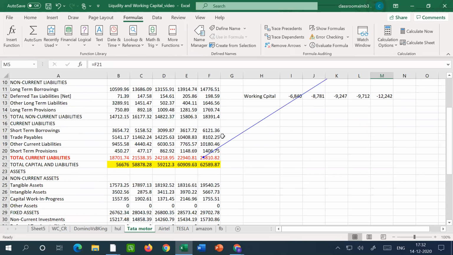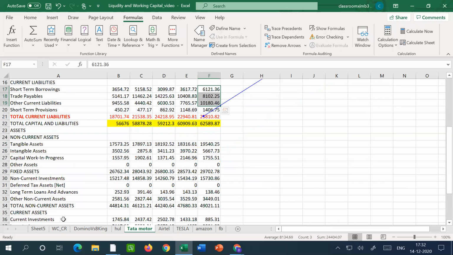The significant part of the current liabilities are the short-term borrowings and trade payables. So that means the company is making lots of short-term borrowings and using that money maybe to fund its regular operating expenses, or maybe to buy other investments or other assets.